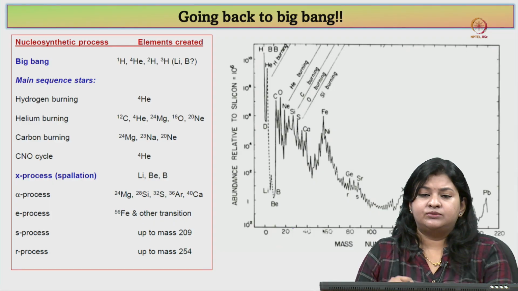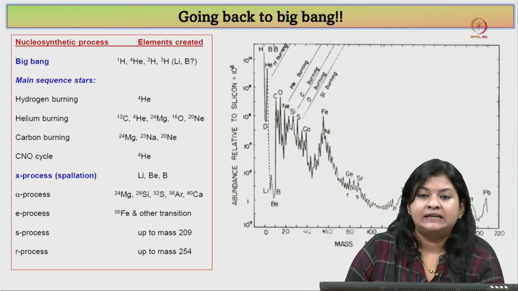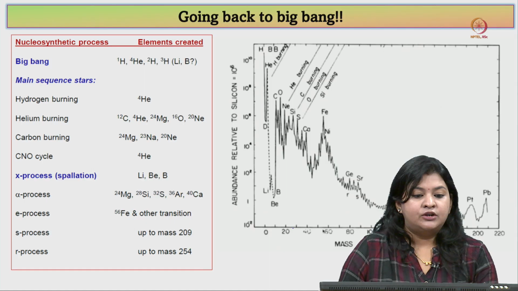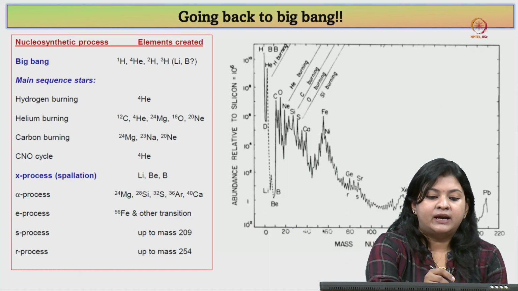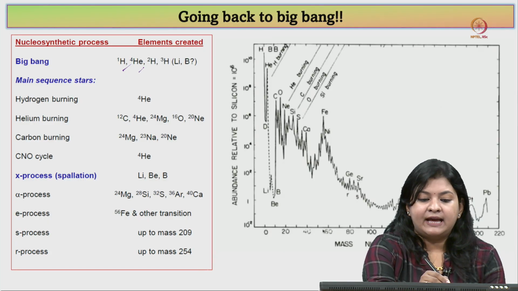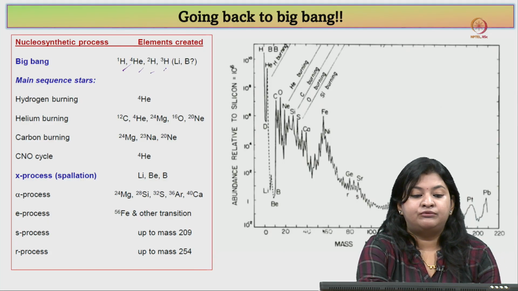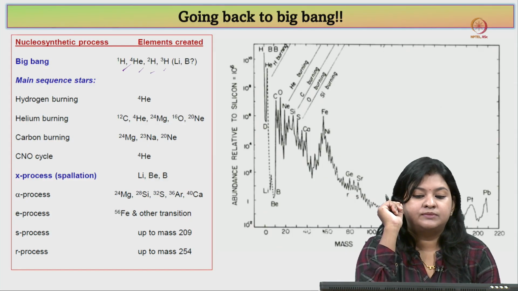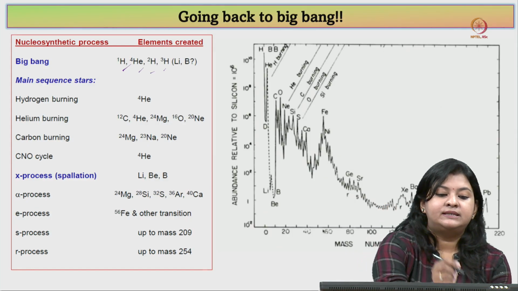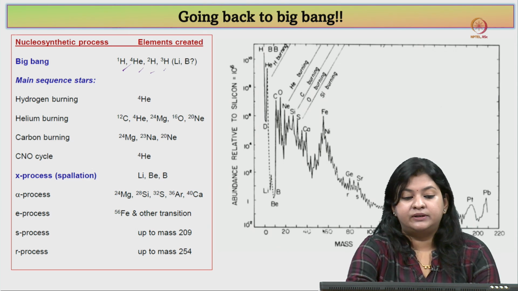Again, just to show you a glimpse of what happens. During the Big Bang, as I told you, we form hydrogen and helium. All the hydrogen isotopes are formed, and some lithium and some boron is also formed during this process. Then we have the main sequence star burning phases.